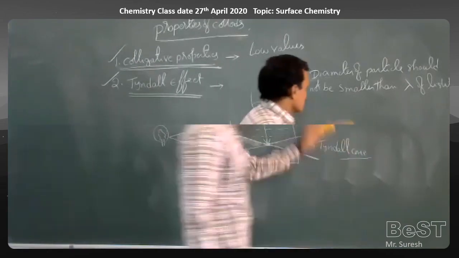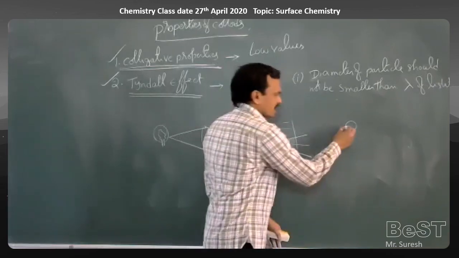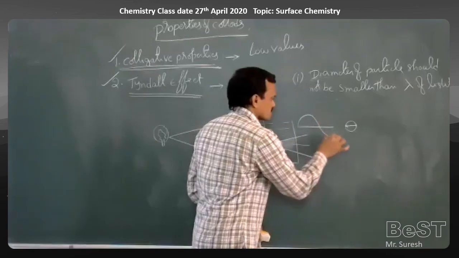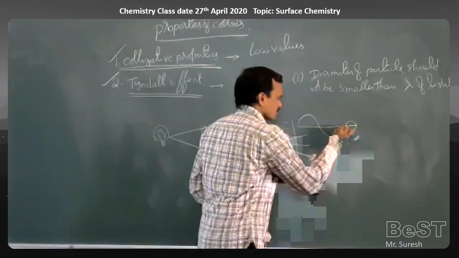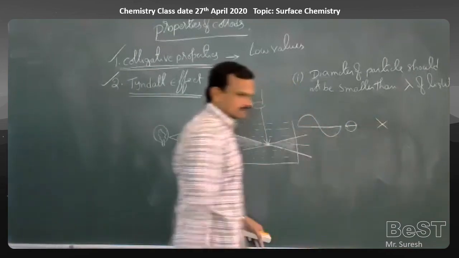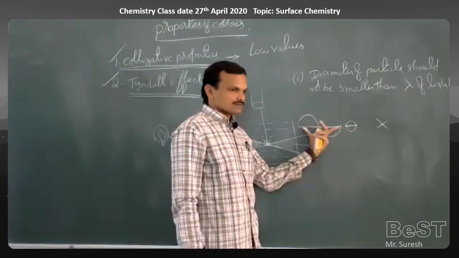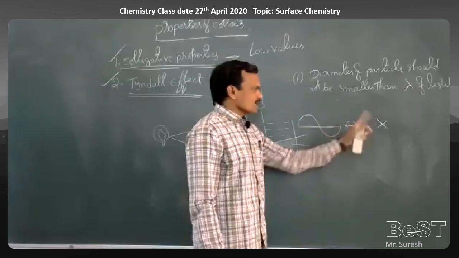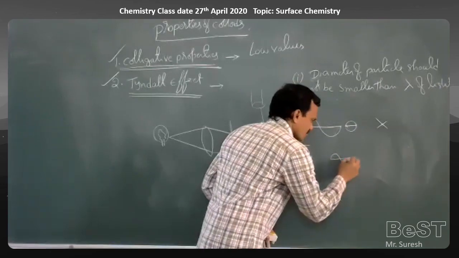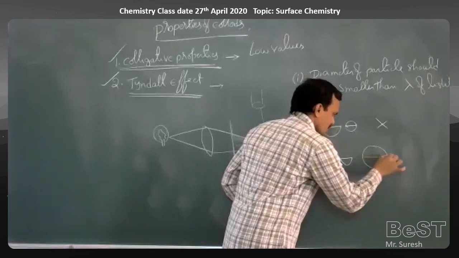For example, suppose this is a particle, and this is its diameter. The light we are passing has a wavelength like this. Now the Tyndall effect is not observed, because here the diameter of the particle is less than the wavelength of the light. Suppose the wavelength of the light is like this, and this is the diameter of the particle.